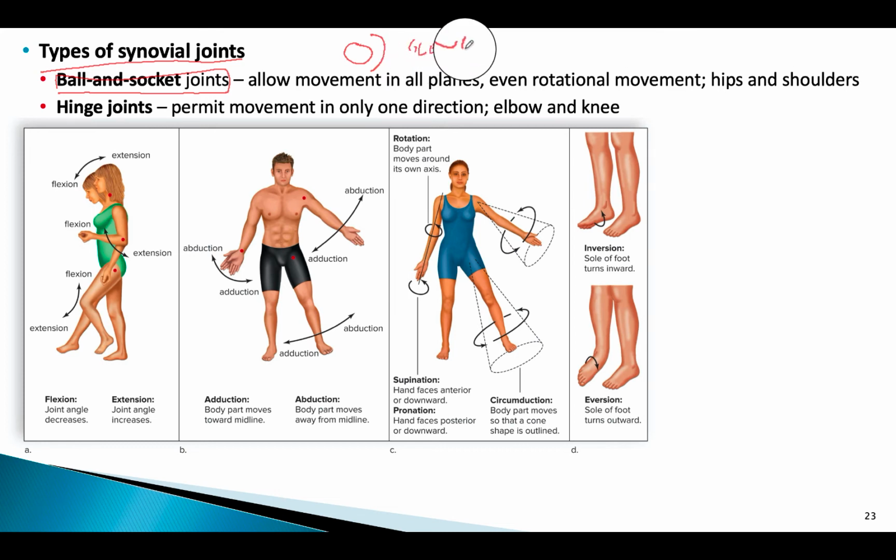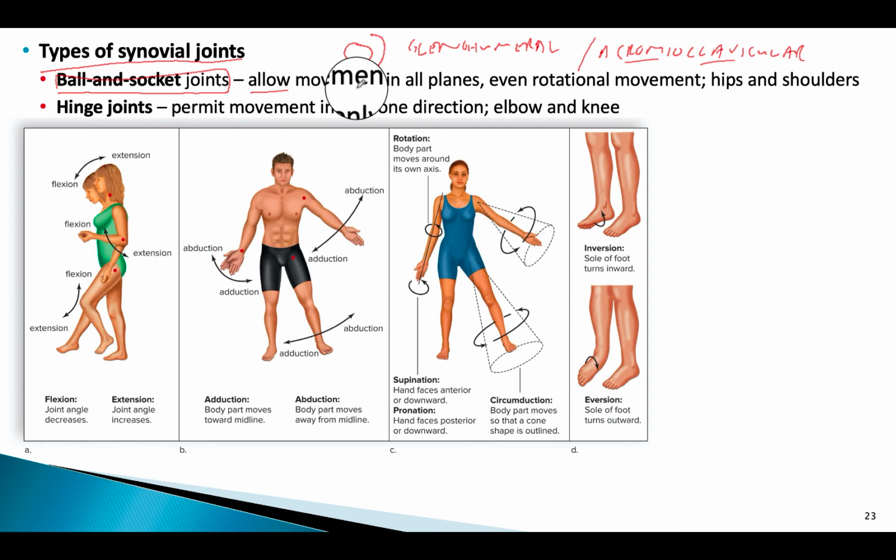The glenohumeral joint, or the acromioclavicular joint. This is found between the acromion of the scapula and your clavicle, right? So those are some examples of your synovial joints over here.